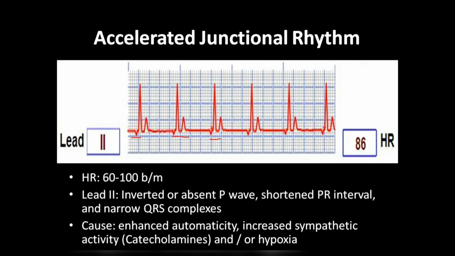And the cause is enhanced automaticity, increased sympathetic activity due to catecholamines, or hypoxia is the cause for such kind of rhythm. Enhanced automaticity usually occurs because the junctional rhythm or the ventricular rhythm becomes accelerated, or the repeated impulses passing through the junction cause this kind of accelerated junctional rhythm.